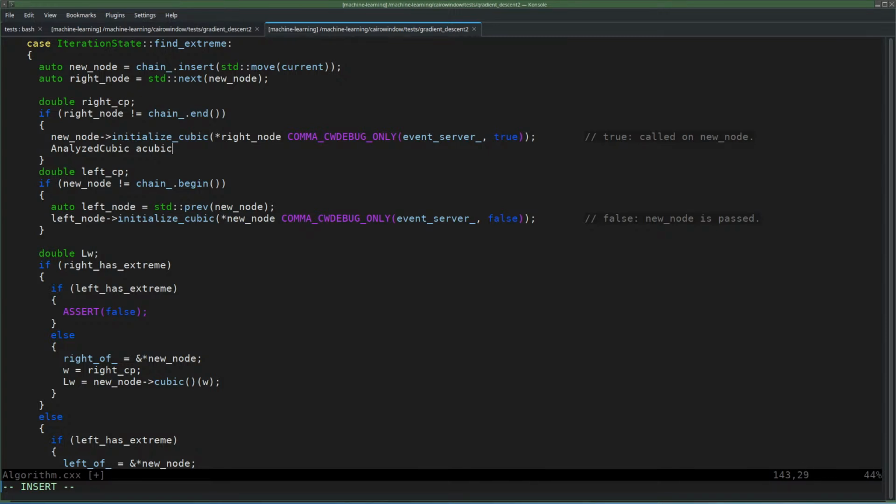So I'm copying this from the cubic, which was just initialized, and I bet I can access it like that. And then we can do the same. Oops, the same thing here.